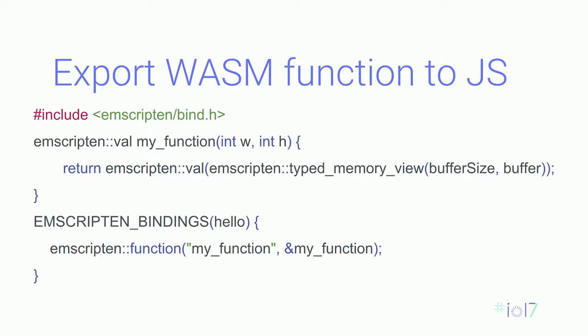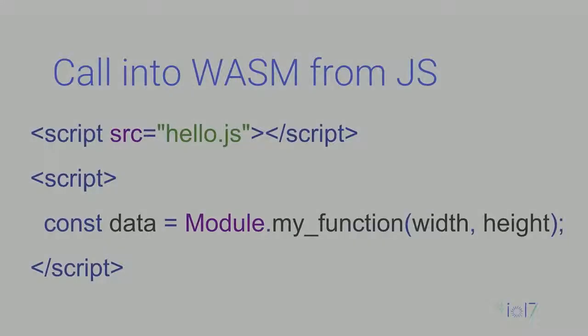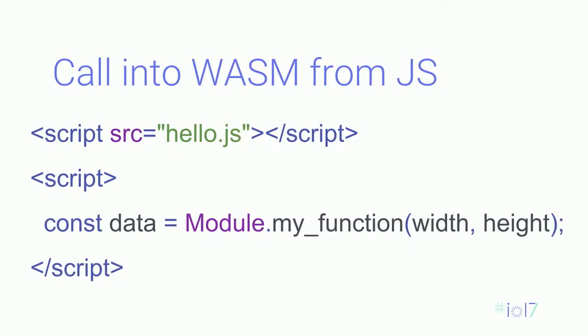The typed array is mapped directly to the WebAssembly module heap memory. So there's no copying. It's just a direct access. It's a reference. So inside your actual HTML file, you'll put a bit of script like this. So hello.js contains the magical glue logic, and it also creates a thing called Module. And so when you're calling your function, you go Module.myFunction. In this case, I pass in the width and height, and that data variable is returned the typed array reference that I can work with.